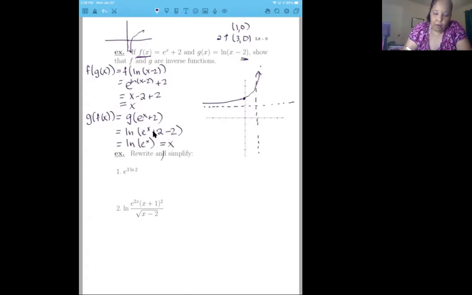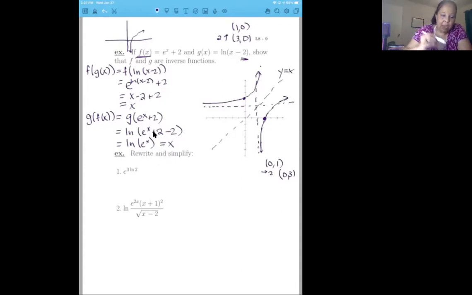So I had the point 1, 0, but I'm shifting it 2 to the right. So that's going to give me 3, 0. So I have this point here, and that graph is going to look like this. Right? And here is my line y equals x, and you can see that they are a reflection over that line.